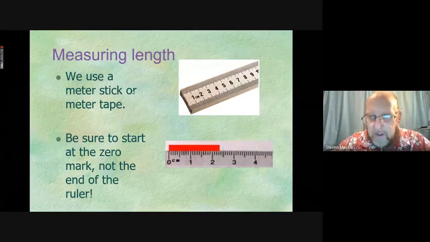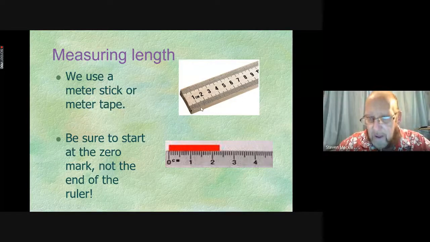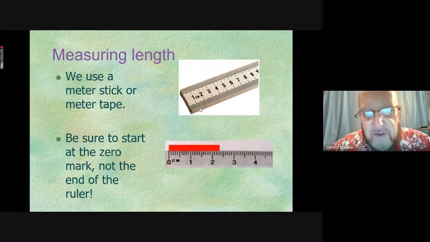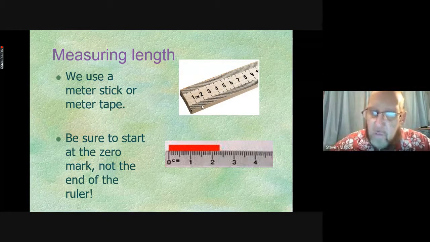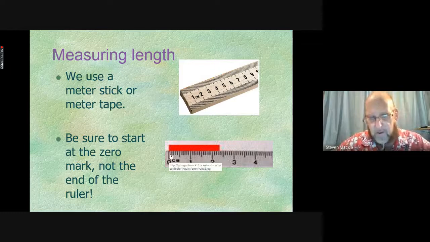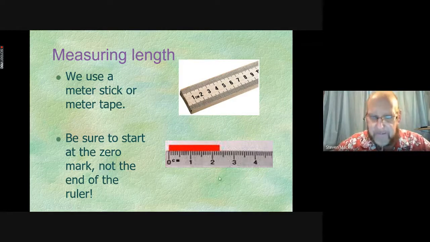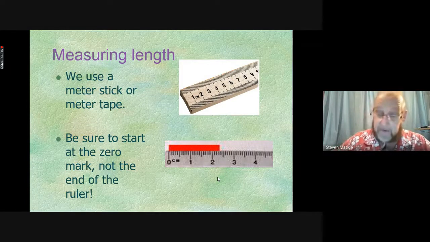But I want you to see here that between 1 and 2, if you can count this right, 1, 2, 3, 4, 5, 6, 7, there are 10 divisions. So these are each 1/10 of a centimeter, and 1/10 of a centimeter is a millimeter. Down here, we've got the 0 point, and notice there's 1, 2, 3, 4, 5, 6, 7, 8, 9, 10. When we are dealing with the metric system, we see tens a lot, and it gives us a hint.